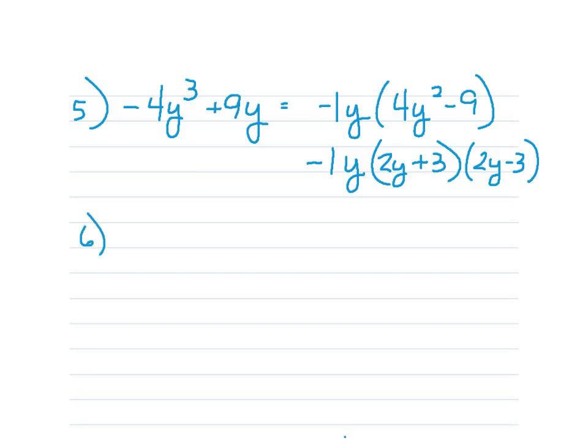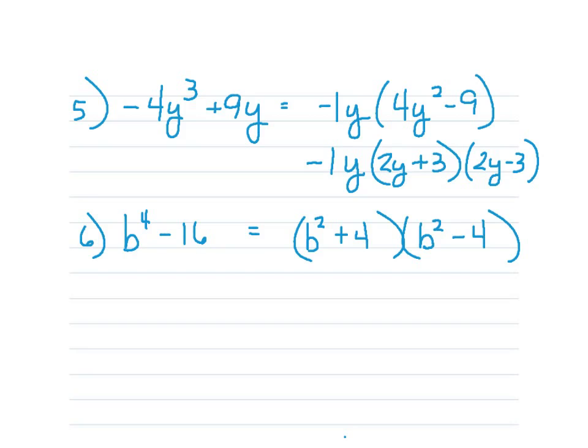Okay, number 6, b to the 4th power minus 16. You'll recognize that's a difference of squares, so let's go ahead and follow the pattern to factor that. It would be b squared plus 4 times b squared minus 4.